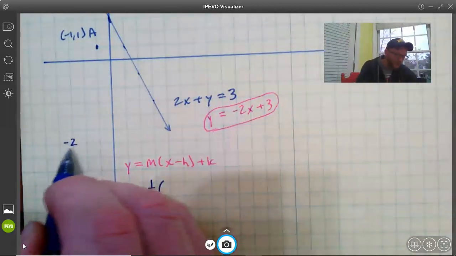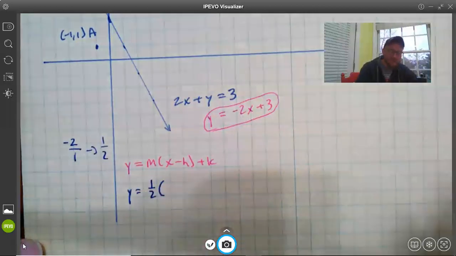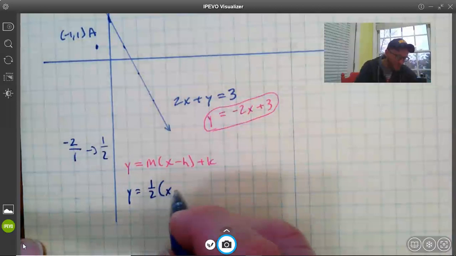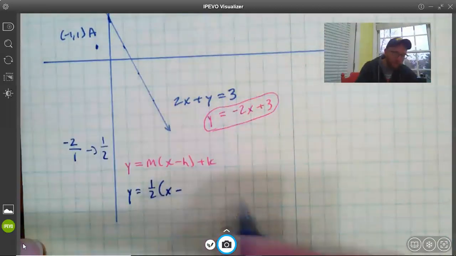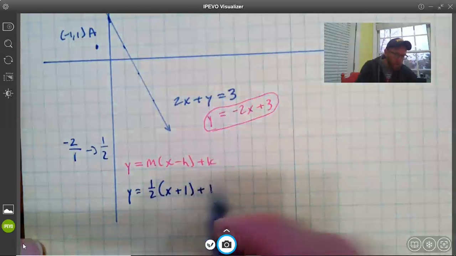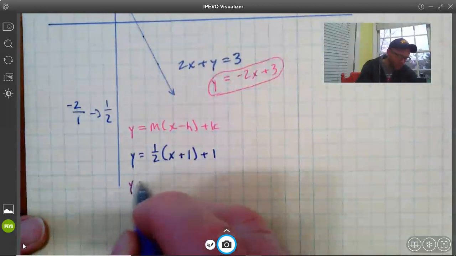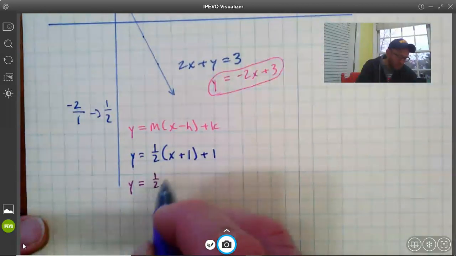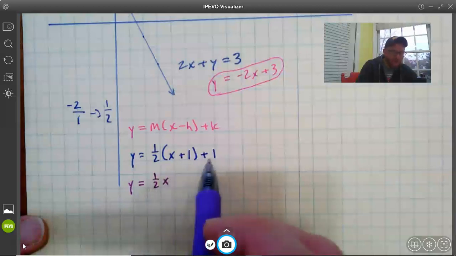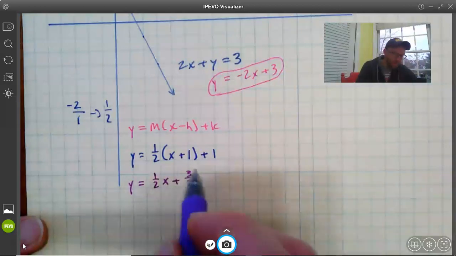You can think of negative 2 as negative 2 over 1, and flip it upside down and change the sign, you get 1/2. x minus, so it's going to be a minus a negative 1, which becomes plus 1, plus 1. We'll do a little distributive property here. y equals 1/2 x. So it's going to be plus 1/2 plus 1, which is plus 3/2. So there's our equation.